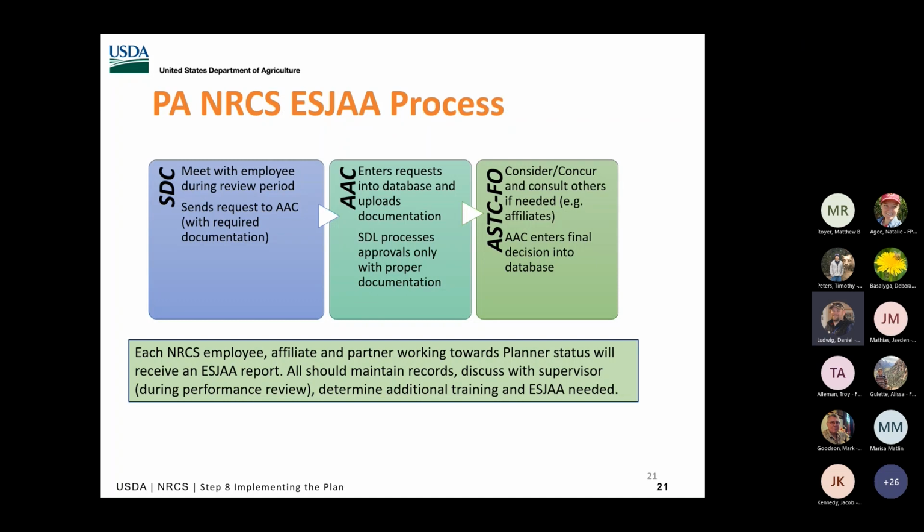And then once they concur with your request, they're going to send that request. So we have a specific request form that needs to be filled out by you as the employee. And then there's also required documentation that shows what you have done in order to either be assigned job approval or be granted increases into it.